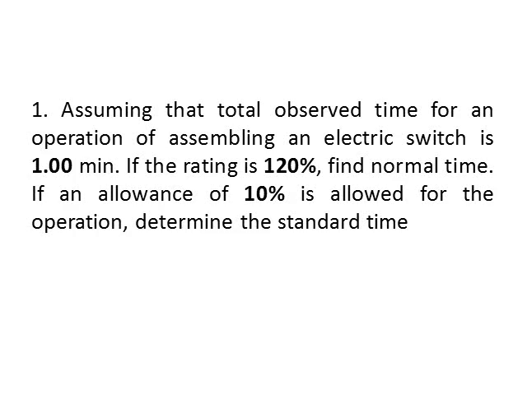Time observed using a stopwatch. And the rating factor is 120%. Find the normal time. That's the first question. If an allowance of 10% is allowed for the operation, determine the standard time. So we know the observed time, rating factor, and also allowance, so it is very easy to find the normal time and standard time.